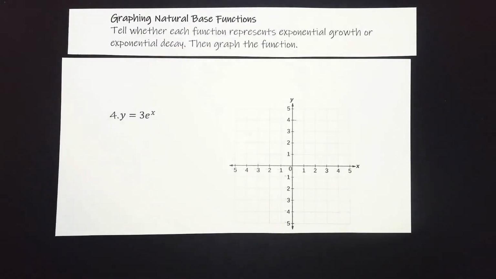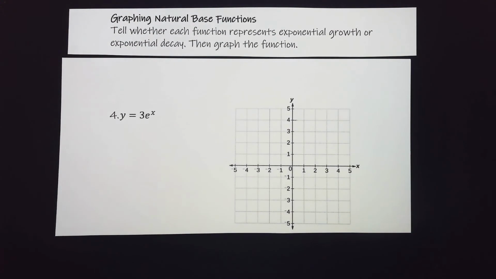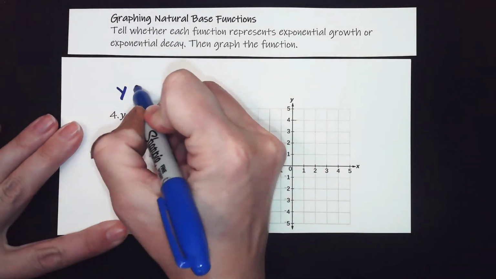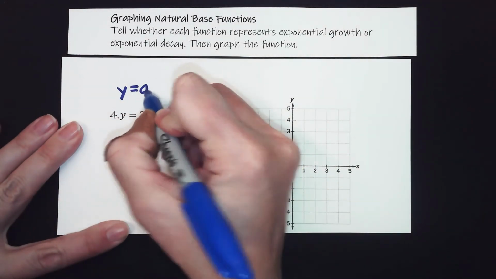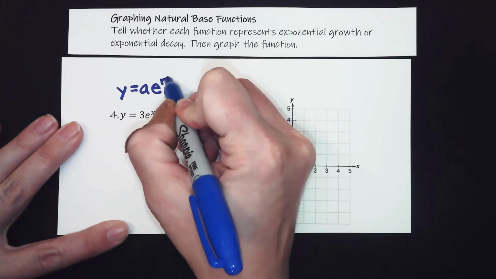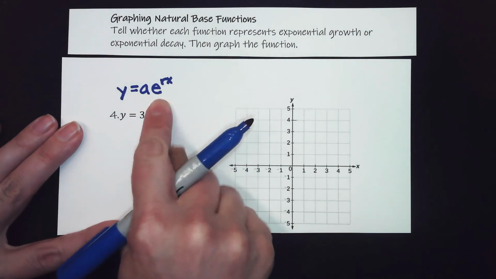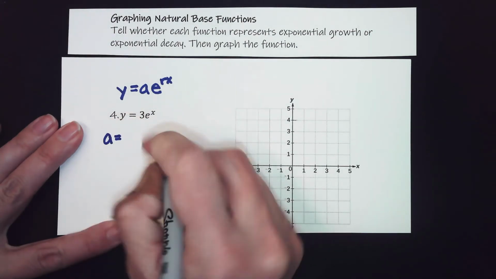All right, so now we're going to go on. We're actually going to graph some of these. We're going to start with number 4. Our function here is y = 3e^x. Let's write down the parts that we have. Our normal equation is y = a e^(rx). So we have a, and that's 3.